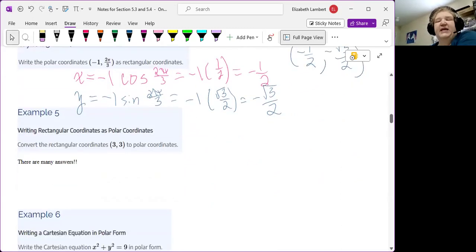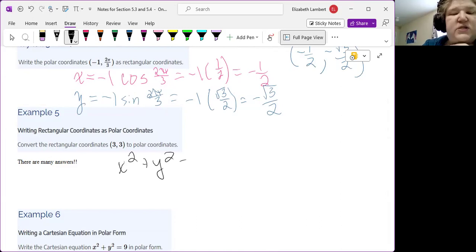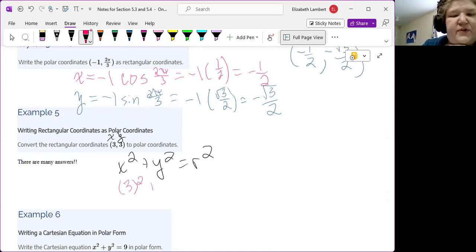All right, now here, rectangular to polar, many answers. So let me just start first with x squared plus y squared equals r squared. They tell us this is rectangular, so I put an x and a y over it to remind myself. So we have 3 squared plus 3 squared equals r squared.